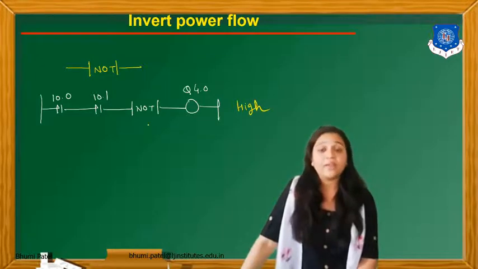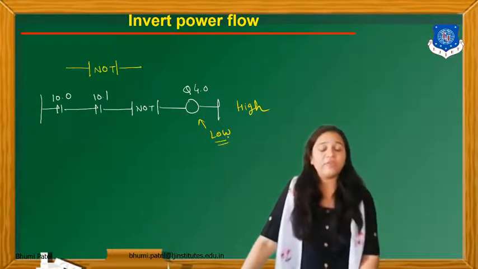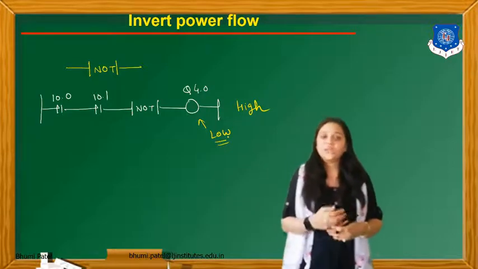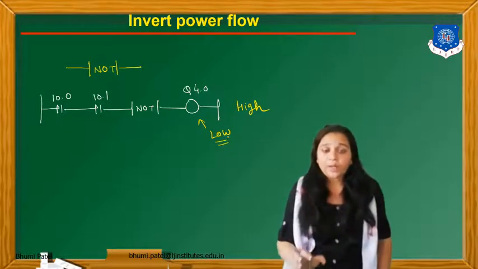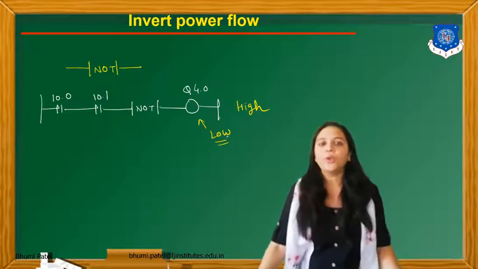But if we connect the invert power flow between the input and output, then if both the inputs are high, we get the output low. So if you require the inverted or reverse output, you simply connect the invert power flow between the input and the output terminal.